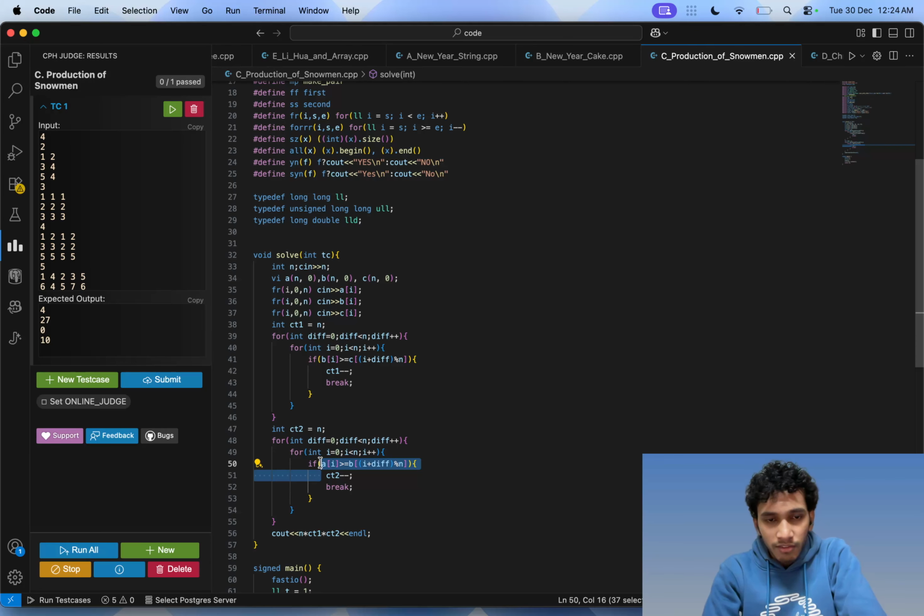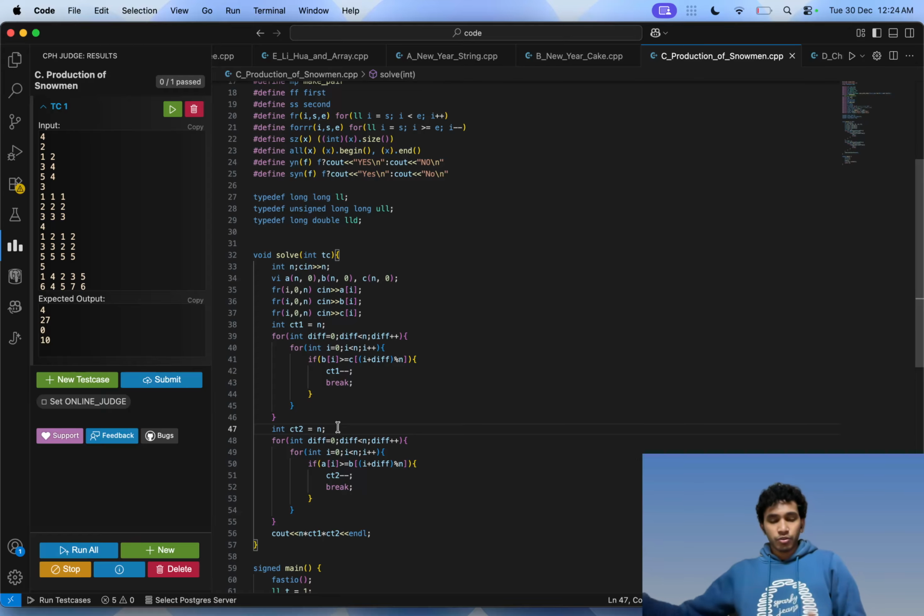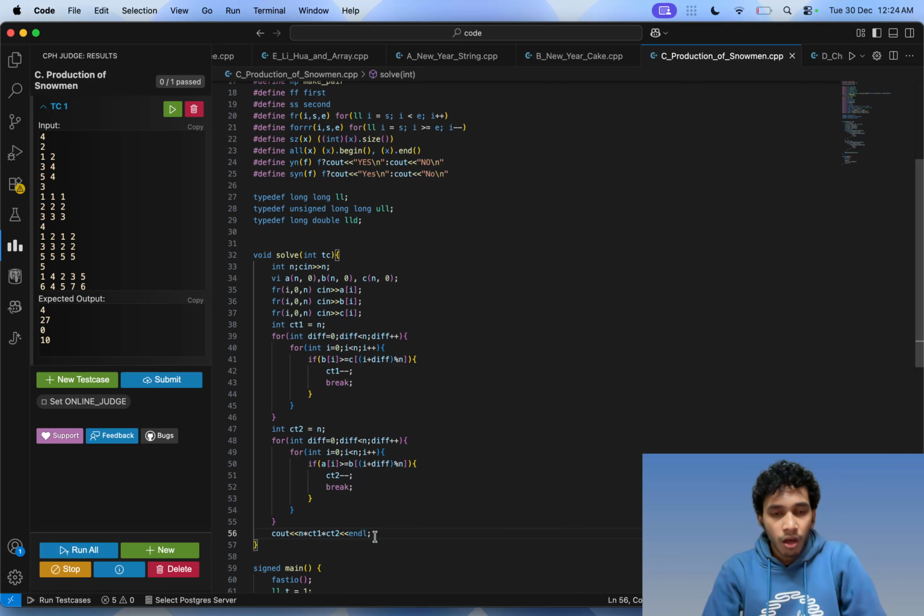So we found an unstable pair, so reduce the counter by 1. Total number of choices for j were n. All right. Now at the end, just output n into the choices for j and choices for k. That is it.